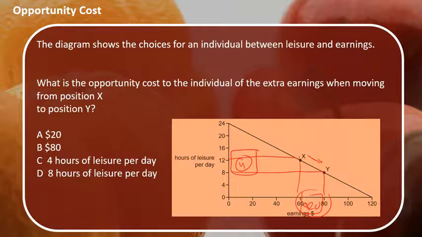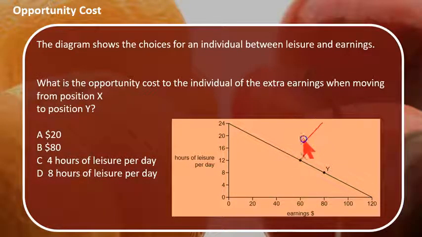So I would like to explain this concept further. This curve that you see right here is called the production possibility curve, not a curve right in this figure. It's called production possibility diagram, more precisely, because it's a straight line. We just saw that for earning extra $20, we had to sacrifice 4 hours of leisure. So basically the ratio is 4 hours of leisure sacrificed gets you $20 of extra earning.